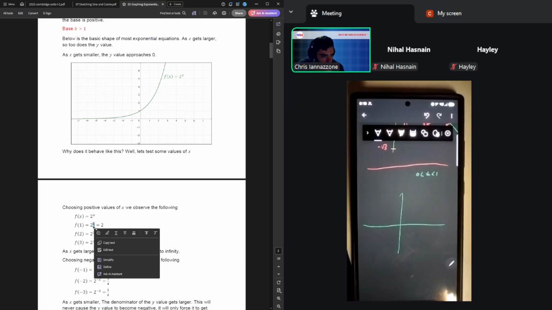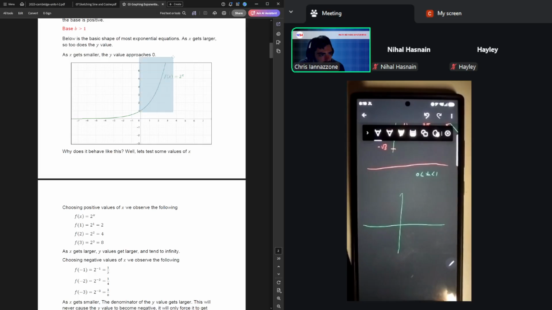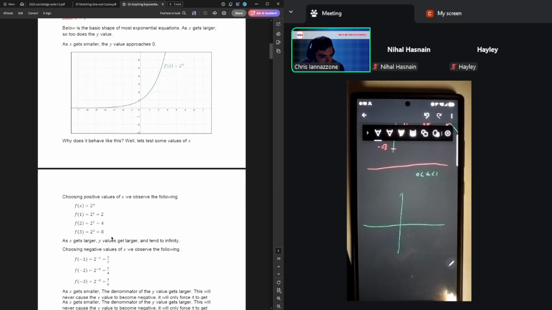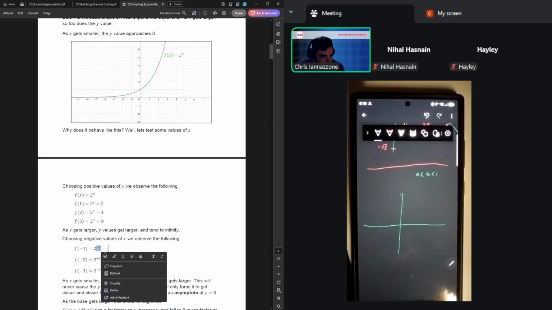You shove in some x values and every incremental bit in x is going to, in this case, double the y value every single time because the base is 2. That's why it increases quite rapidly on this side, and that's the same reason why it decreases quite rapidly on this side, because when you start getting negative numbers, those are flipped to fractions, and now your denominator is getting rapidly bigger over time, but never actually hitting 0.